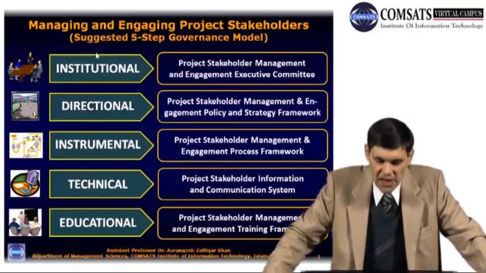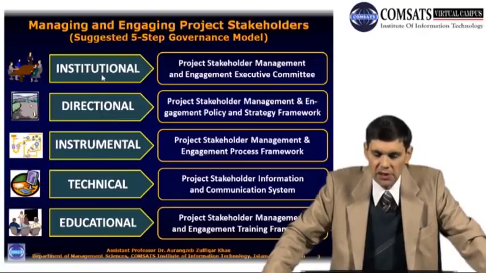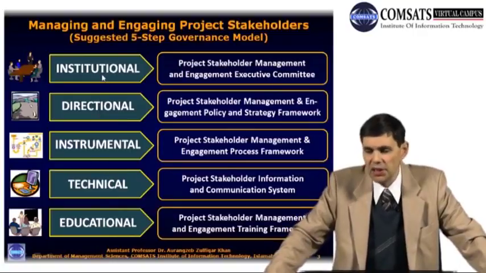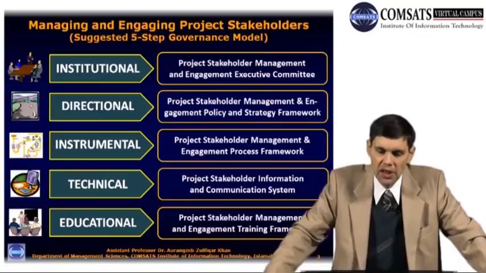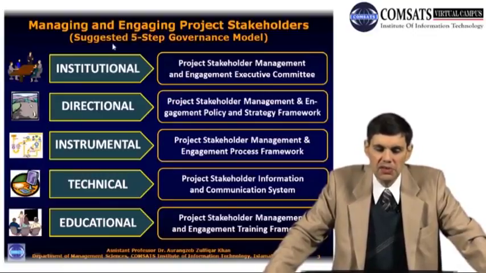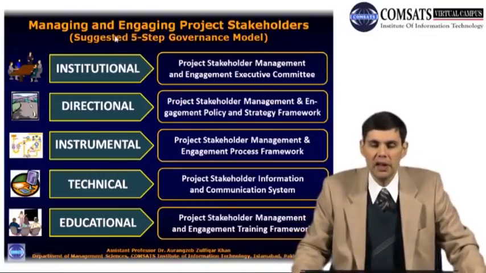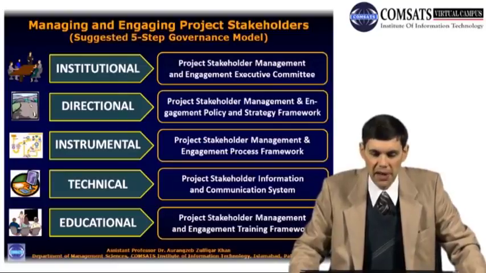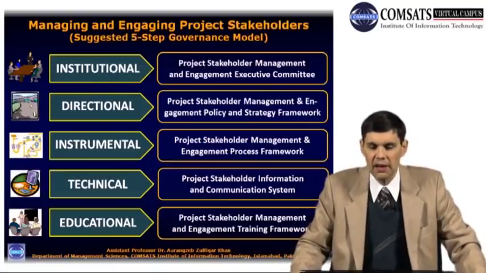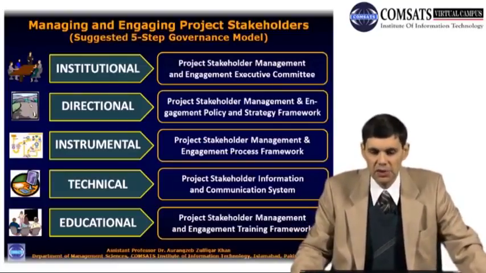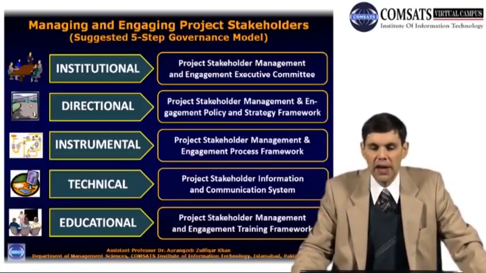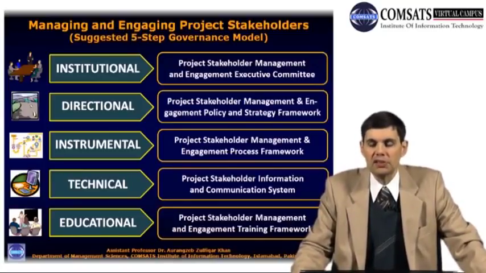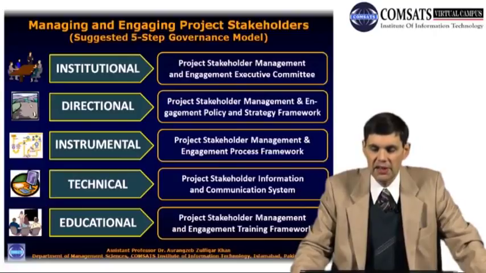Now what does this all mean? Well, the names, the words, already give you some indication as to what this is all about. Institutional means at the institutional level, having the systems in place which can facilitate, which can help promote adequate, appropriate project stakeholder management and engagement.